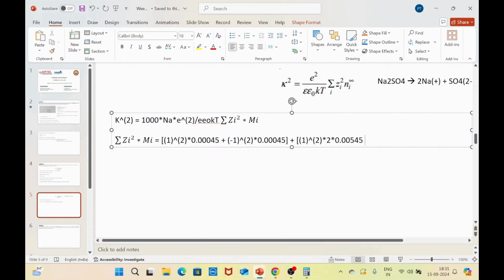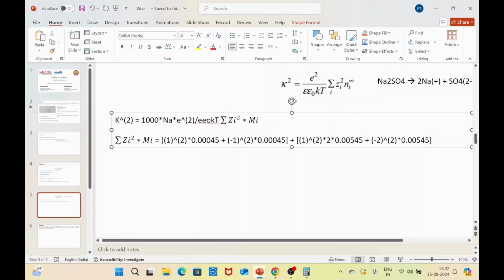Then plus minus 2, whole square, times 0.004545. This is for the SO4 2 minus ion because it already has a charge of 2 minus.